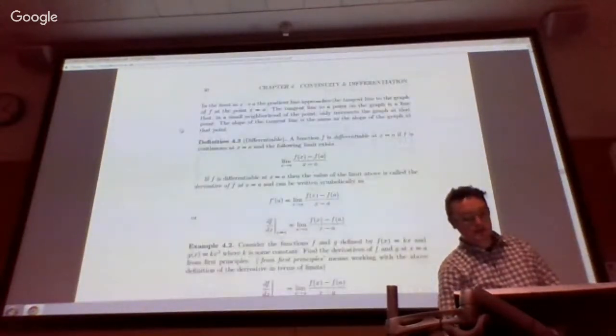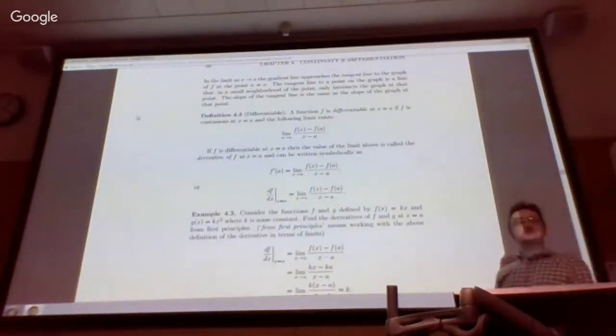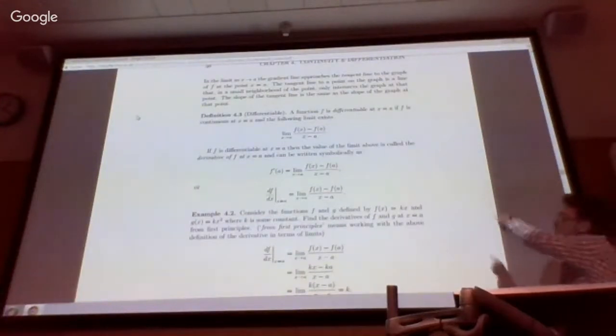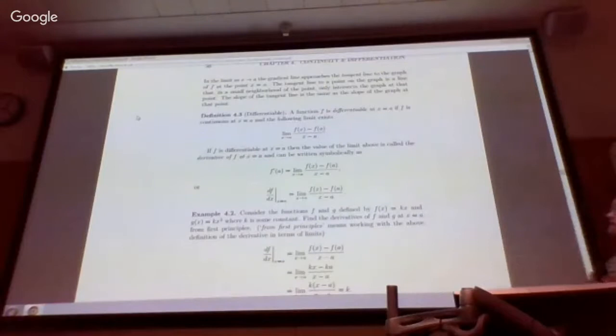Okay, so in 4.3 there, we have that a function is differentiable at the point a if two things hold. We require the function to be continuous at a to begin with, and then we also require this limit to exist. Now, what are we taking the limit of?